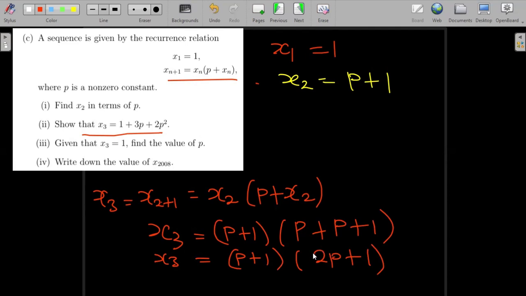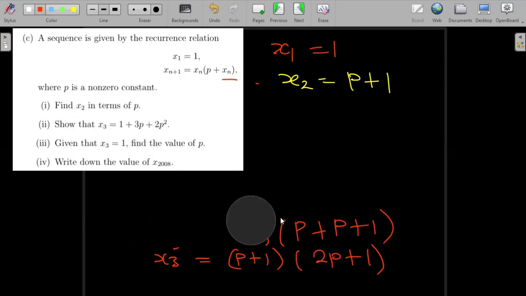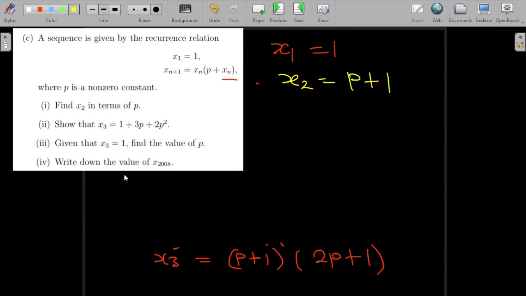We can expand this to show that our x3 is equal to that. So we're going to say x3 is equal to p multiplied by 2p, 2p squared, then p multiplied by 1, I'm going to get plus p.